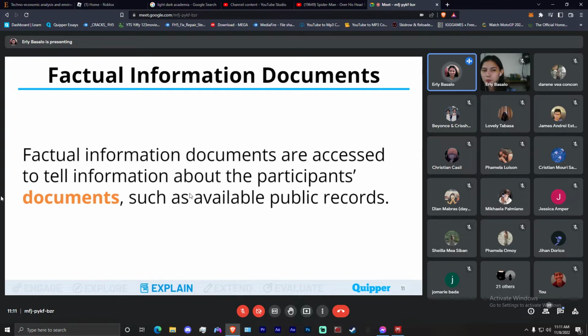Factual information documents give information about the participants, such as available public records. So in this kind of gathering, you actually look for the available public records.